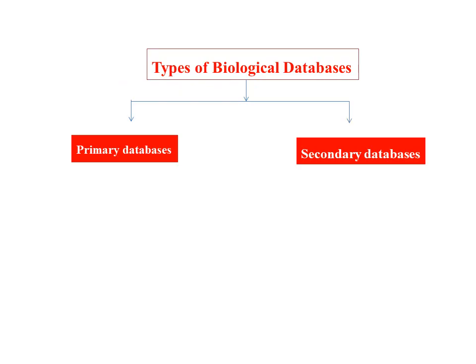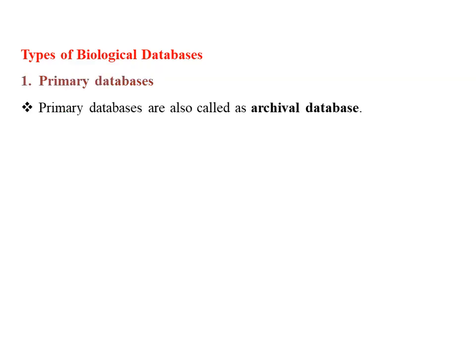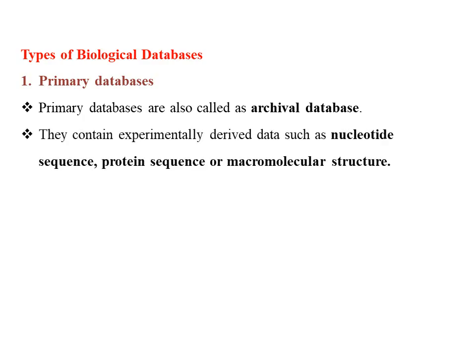Mainly, the biological databases are classified into two types, that is the primary databases and the secondary databases. The primary database is also called the archival database. Actually, they have information regarding experimentally derived data such as nucleotide sequences, protein sequences, as well as macromolecular structures.